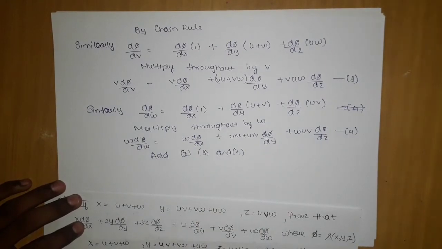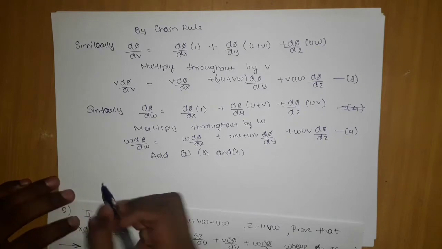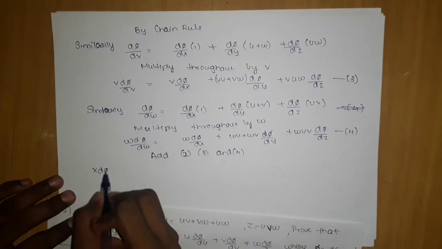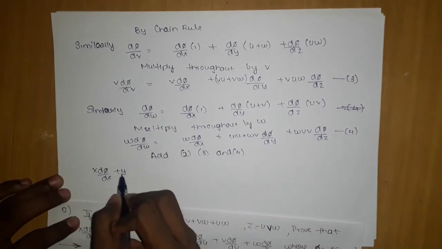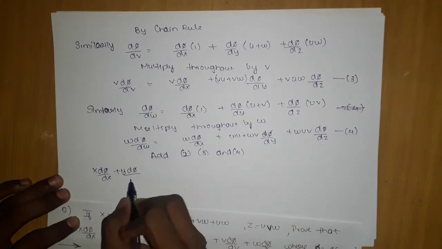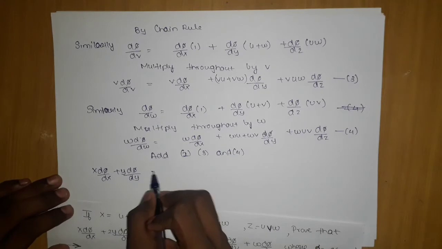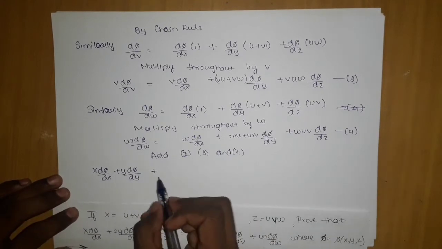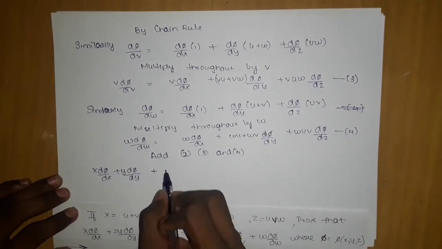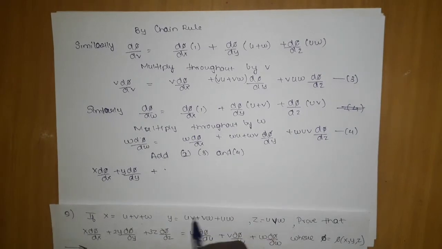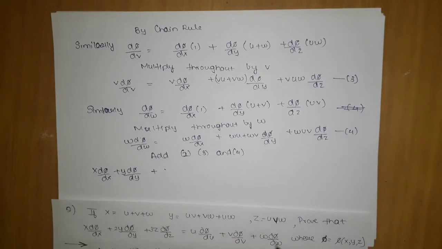When you add 2, 3 and 4, what you are going to get is x ∂φ/∂x, y ∂φ/∂y and 3z. Okay.